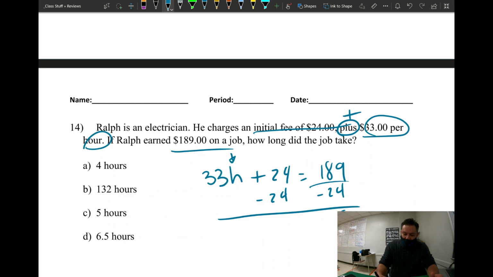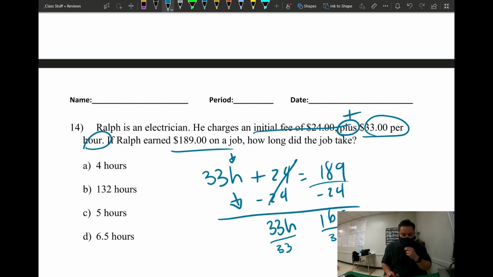Bring it down. Next step, divide by 33. 165 divided by $33 gives you 5. Actually, it's a whole number. So H equals 5 hours, which is C.